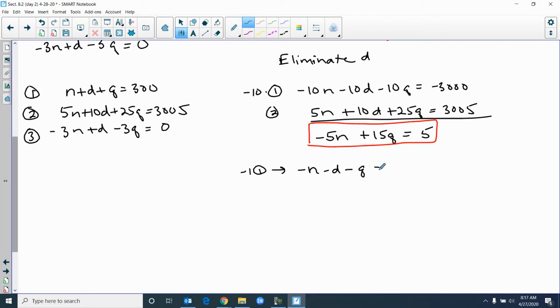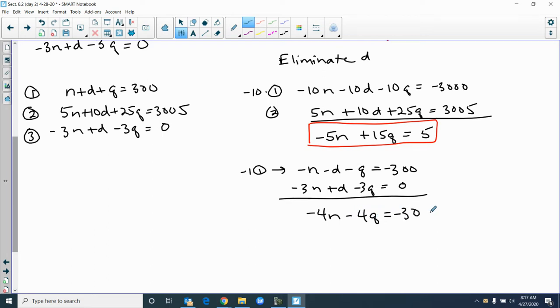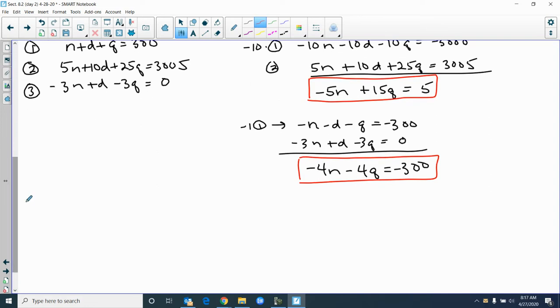Minus q equals negative 300. And then I got negative 3n plus d minus 3q equals 0. Negative 4n, those add up to 0, minus 4q equals negative 300.